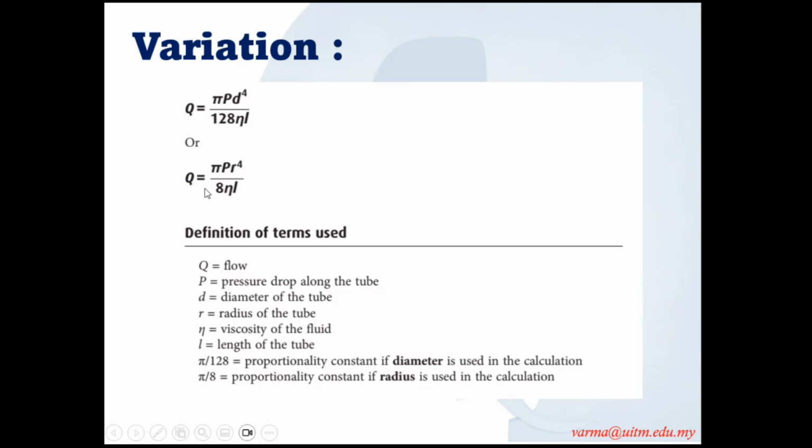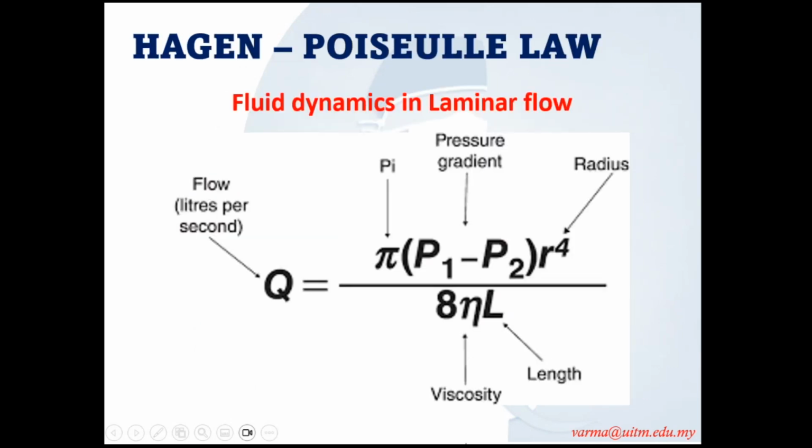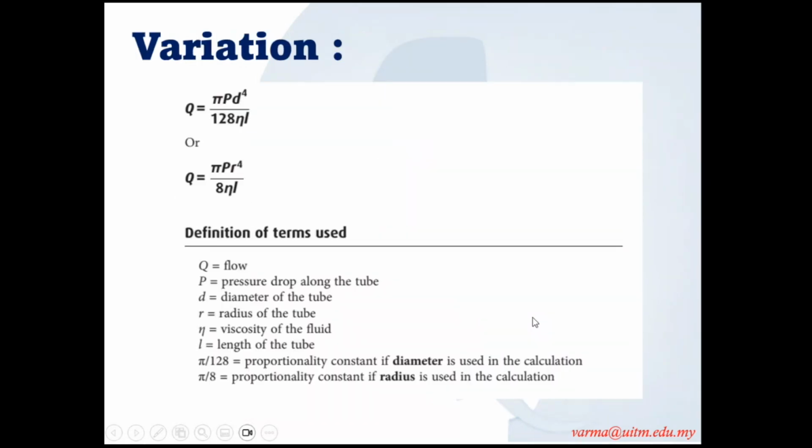This is the most commonly used formula, where you use radius, so it will be 8NL. In some books, you might find 1 to 8NL, and the pi equal to D4. The difference is this is diameter. When you use diameter, it will be 1 to 8, whereas when you use radius, it will be 8 only. So D stands for diameter.